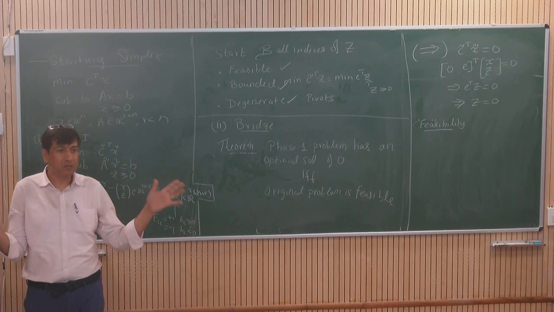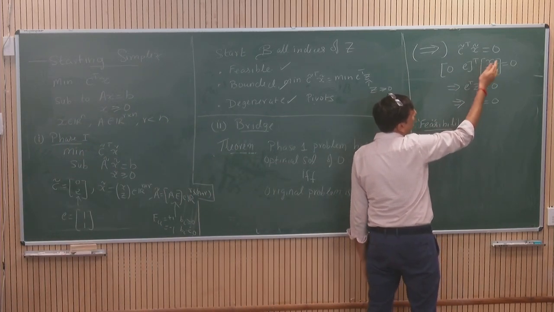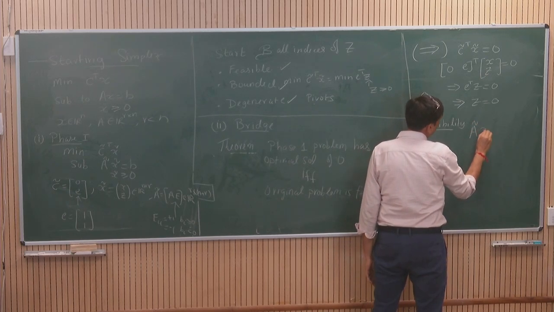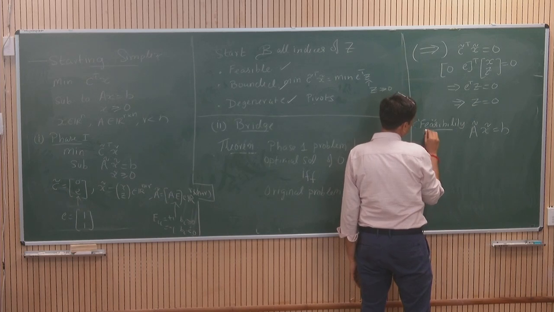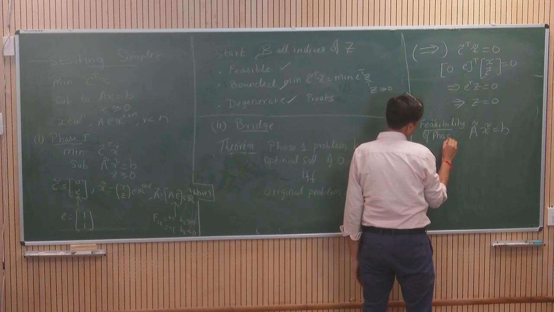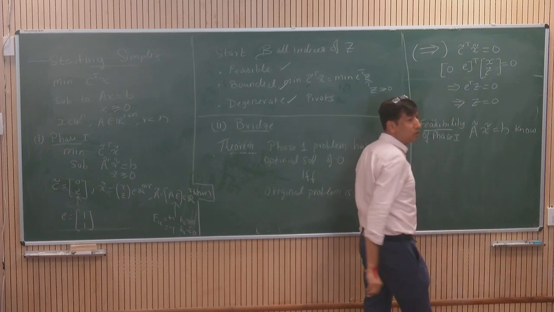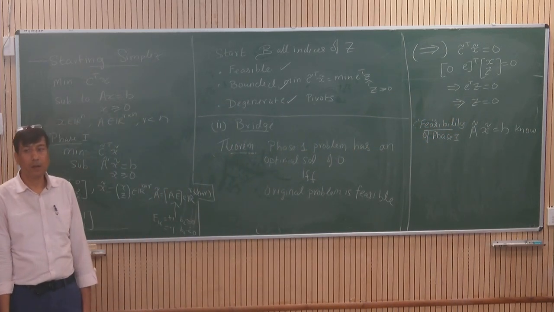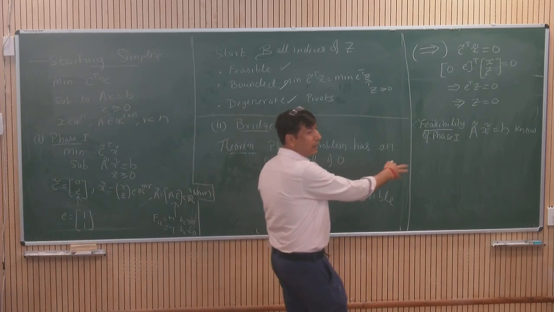It is feasible, that's why it's a solution, which means that whatever x and z equal to 0 you are getting would satisfy A tilde x tilde equal to b. This is feasibility of phase 1. This we know, because the solution is called a solution because it is feasible. Yes or no?